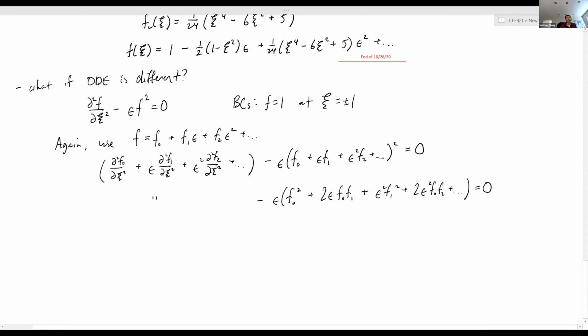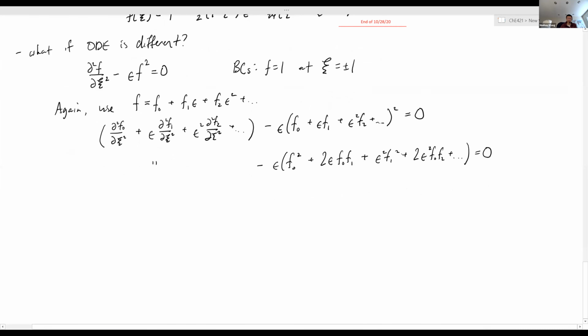And just like before, we need to match orders or match powers of epsilon, right? And so if we were to do that, then we could look at the terms that have 0 order epsilon. That would just be this term right here, right?